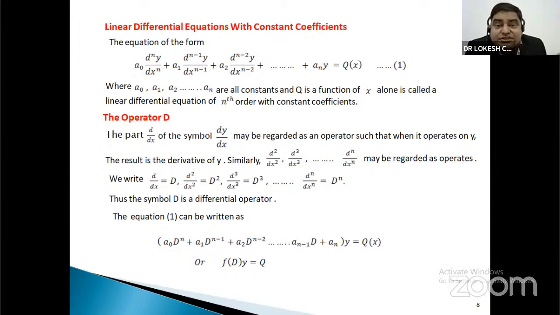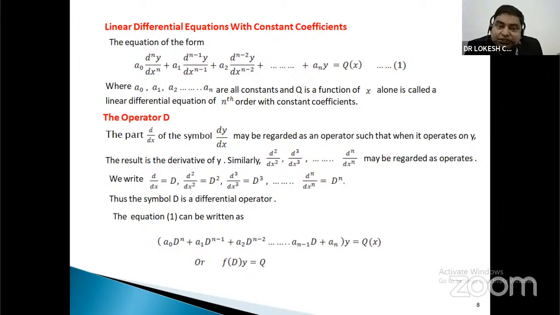So constant coefficient means all derivatives are present with the constant coefficients a0, a1, a2 up to an. If one of the coefficients becomes a function of x, then we say it is a linear differential equation with variable coefficients.